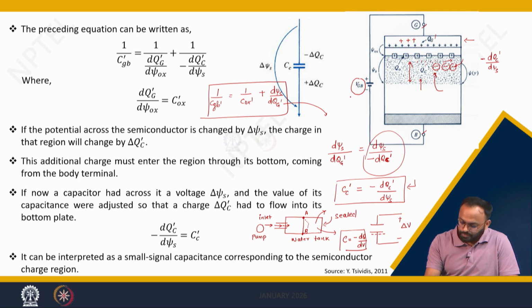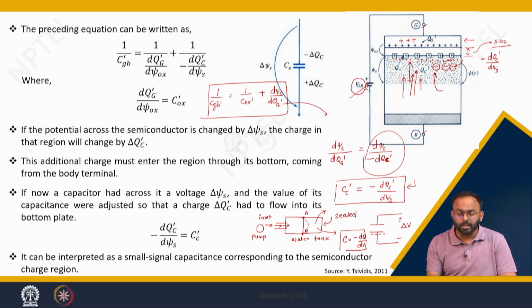But when you increase VGB beyond the 2 phi f value, a much larger amount of inversion charge, or electrons, will come from the body and actually form a layer of negative charge here like this. So this is again considered as a parallel plate capacitor, where this dielectric is replaced by silicon dioxide, or an effective oxide thickness with some other material.